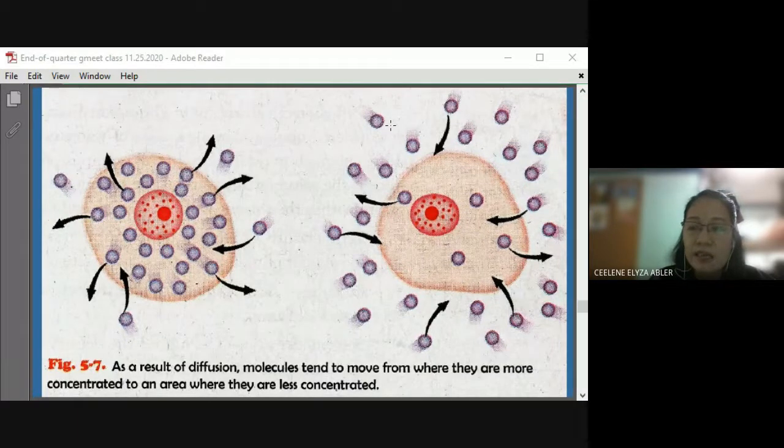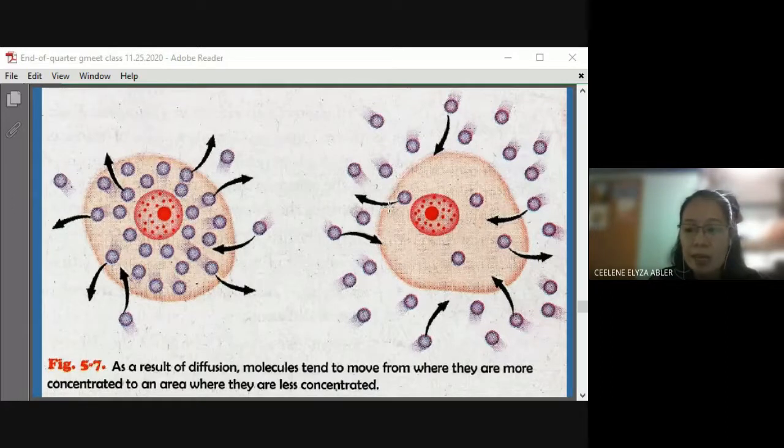So the inside of the cell, meron siyang dissolved na solutes compared to the distilled water na walang dissolved na solutes, very negligible ang amount. Negligible means halos wala. Okay, so almost nada. So ang higher na concentration means outside of the cell, so it will go inside of the cell. So ganun ang movement ng water.